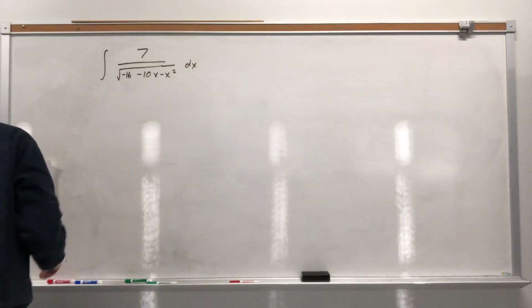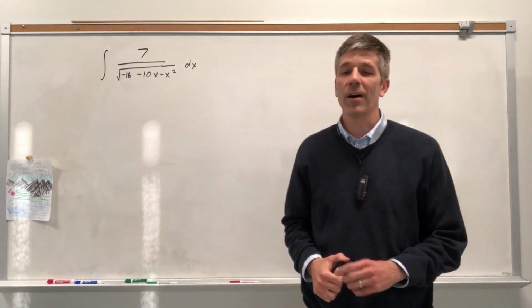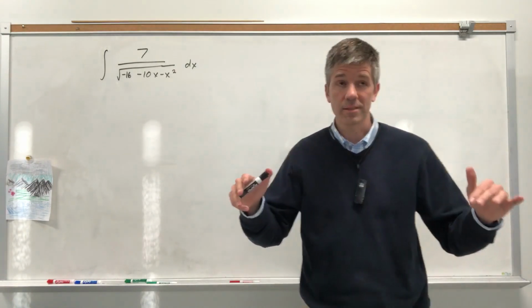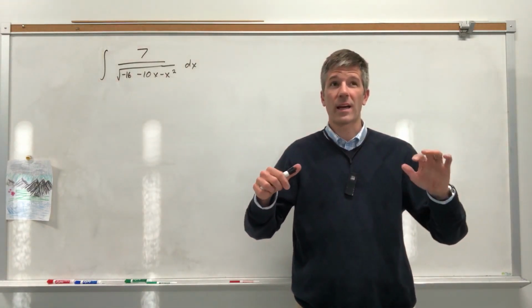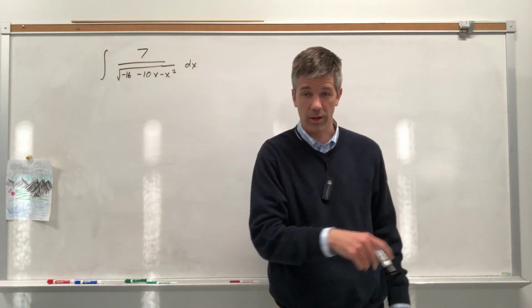Okay, we're about to pull out an old formula. The derivative of arcsine is 1 over square root of 1 minus x squared.